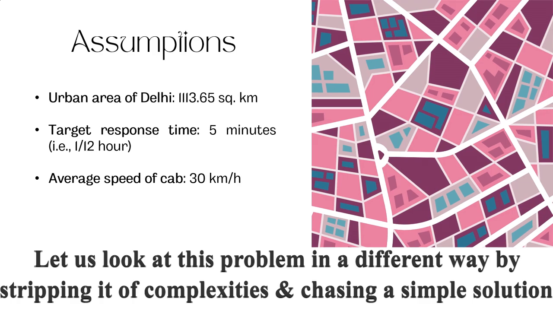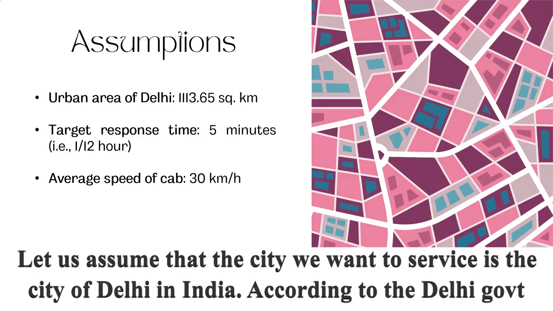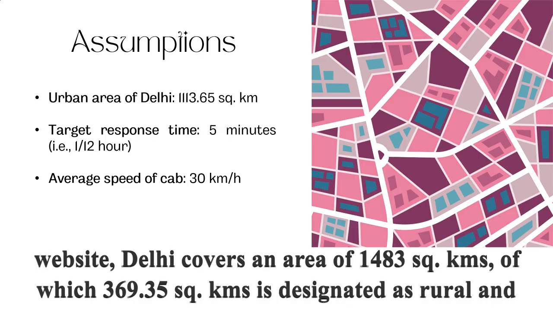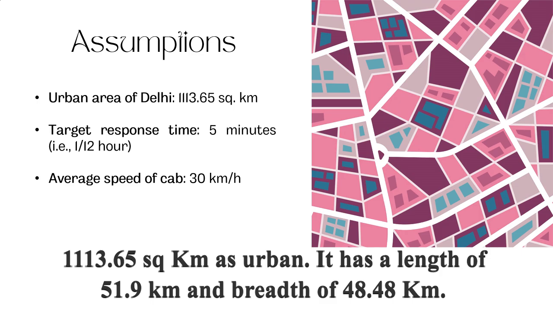Let us look at this problem in a different way by stripping it of its complexities and chasing a simple solution. Let us assume that the city we want to service is the city of Delhi in India. According to the Delhi government website, Delhi covers an area of 1483 square kilometers, of which 369.35 square kilometers is designated as rural and 1113.65 square kilometers as urban.